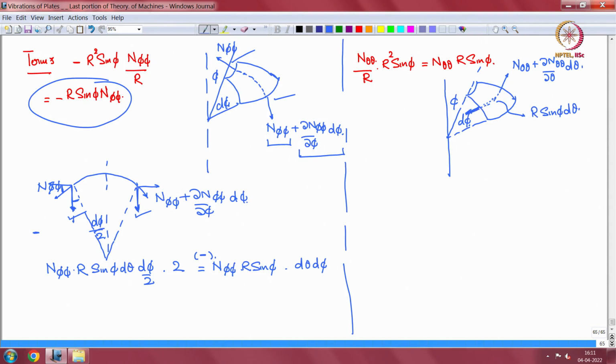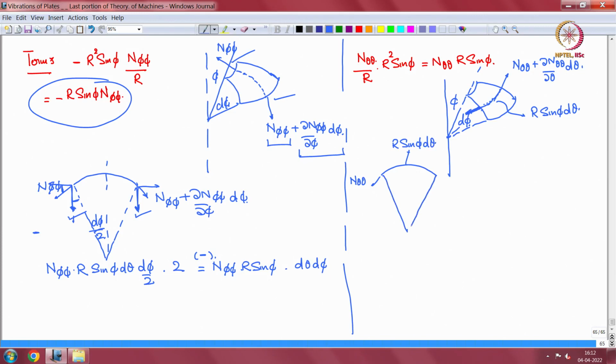These two forces, this line element, are in a single plane where it goes through the center. It's like a pie. Okay, so if I draw it in the plane, they will look like this. So this is n theta theta, this length is r sine phi d theta approximately.